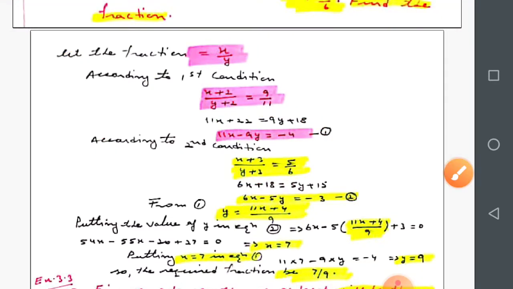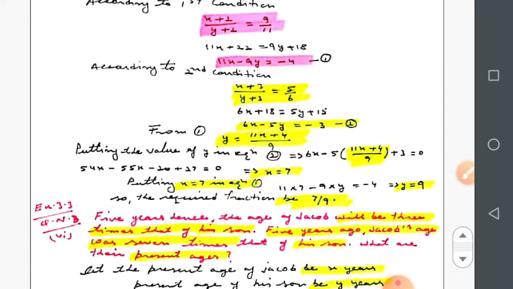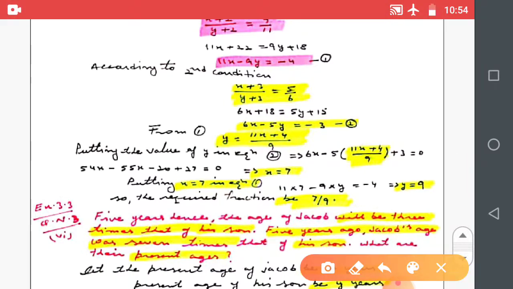Now from equation 1, the value of y is 11x plus 4 upon 9. Now putting the value of y in equation 2, we get 6x minus 5 into 11x plus 4 upon 9 plus 3 is equal to 0.